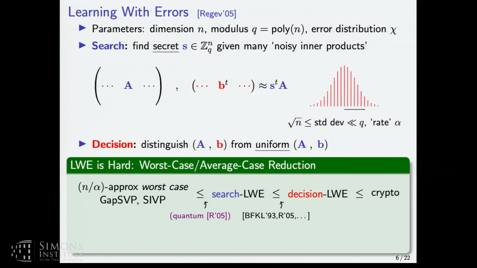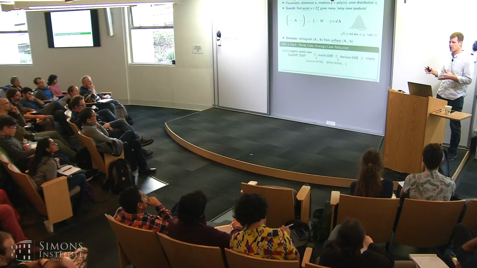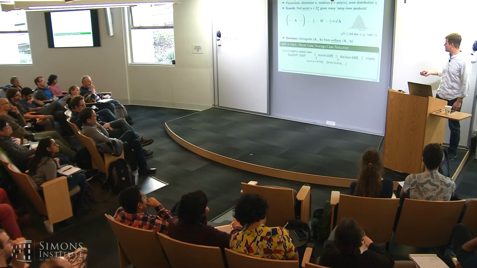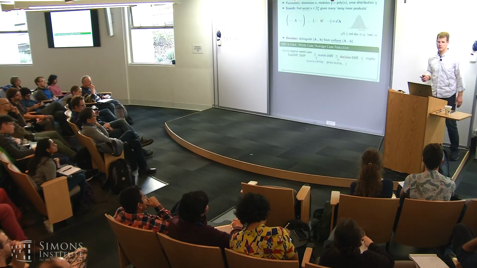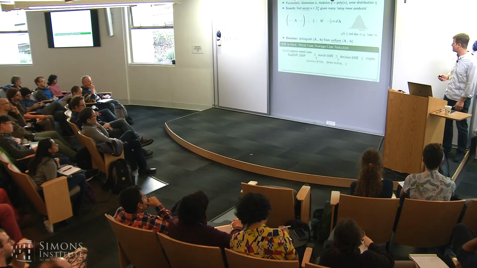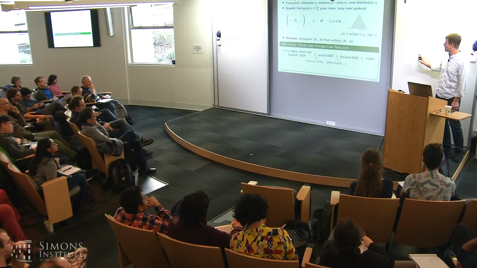And then, assuming that decision is hard, we build crypto systems. So that's the last leap. Most crypto papers will say, assuming LWE, we do blah blah blah, and that's usually the decision LWE assumption they're making. Okay, so that's the kind of picture.